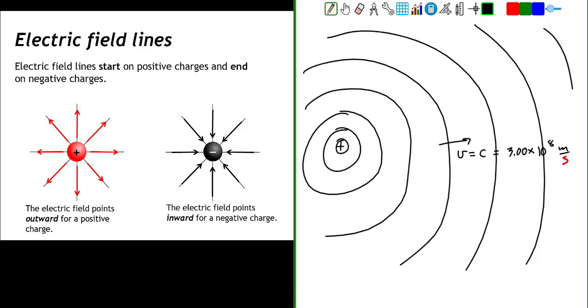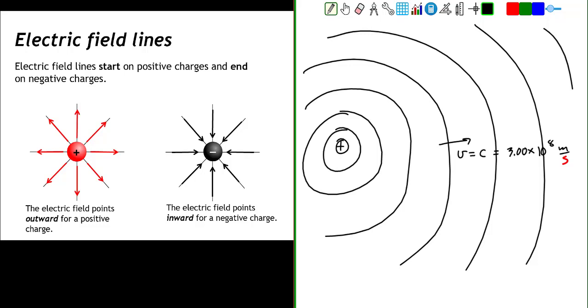The electric field for positive charges points outward radially away from the positive charge in the absence of any other charged particle. Also, in the absence of any other charged particle, a negative charge's electric field will point inward.